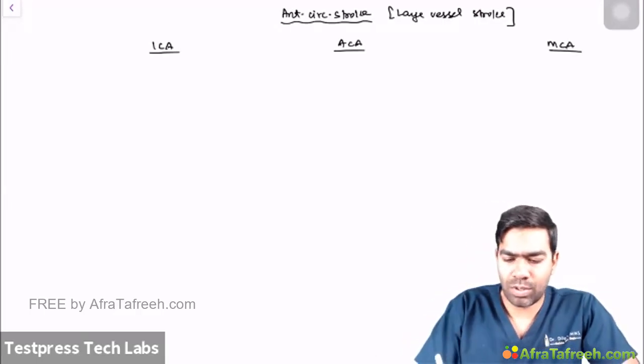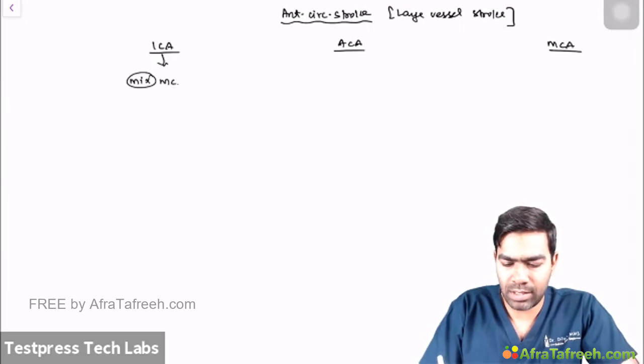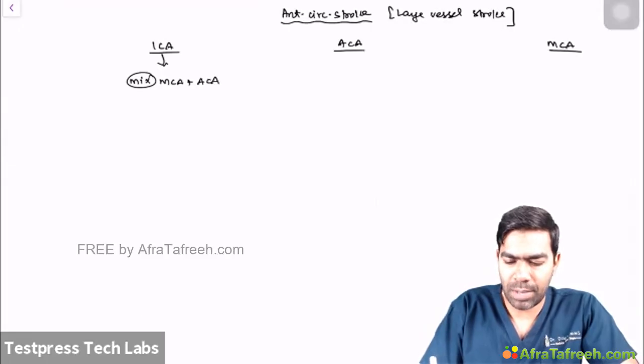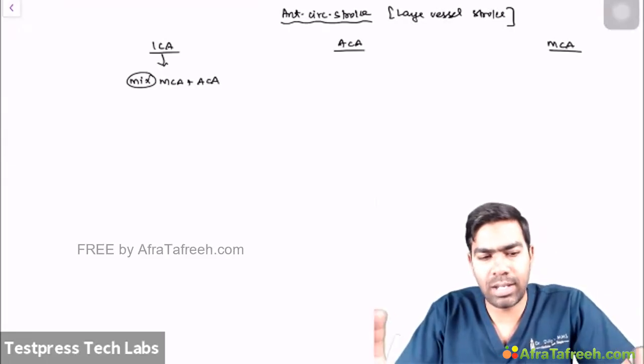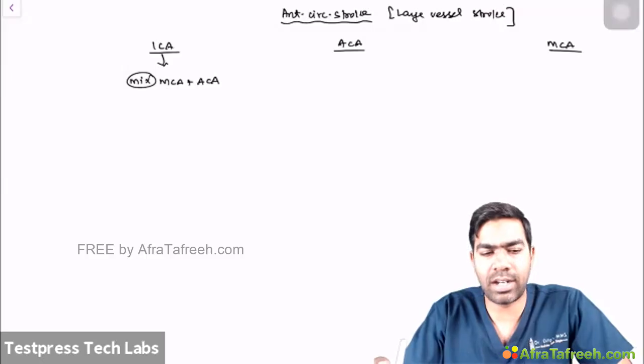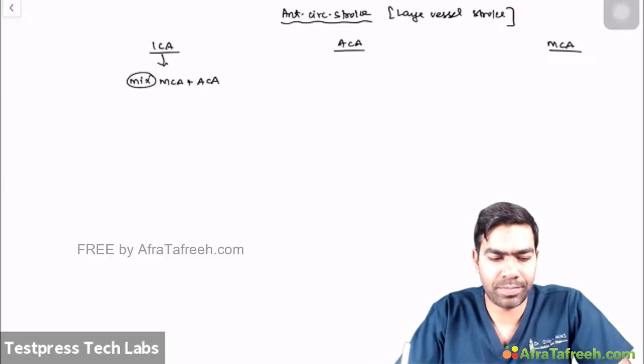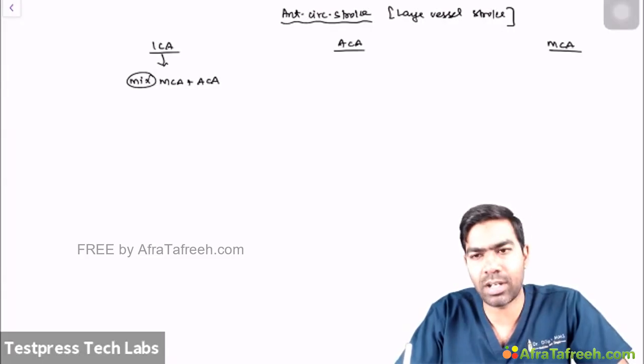So ICA stroke, usually you will have a mixture of features of both MCA and ACA. And apart from that, one important finding will surely tell that it's an internal carotid artery stroke. What is that finding that will surely tell that the patient is having an internal carotid artery stroke?